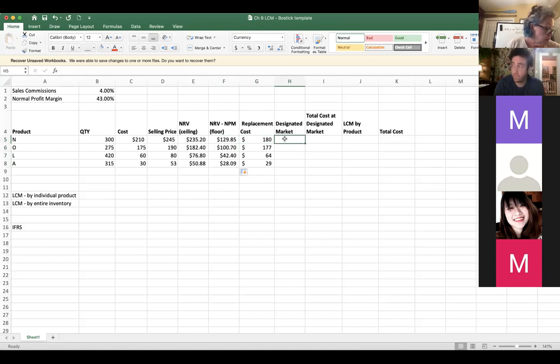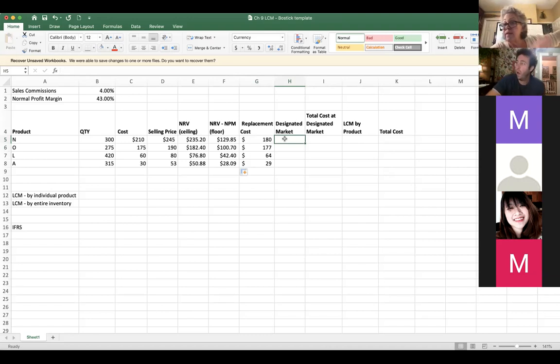As you read on page 465, number 5, where you see the 5 in parentheses, your market, which I call designated market, because when we think of market, we normally think of fair value. Well, does fair value mean the selling price? Does fair value mean the replacement cost? We see here that it's neither one of those.